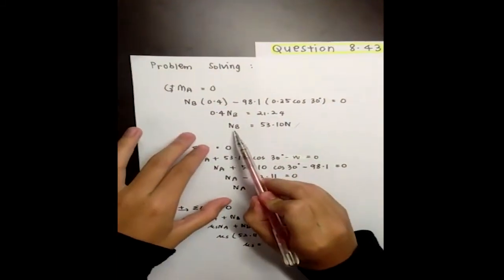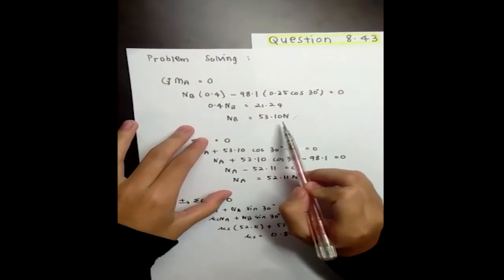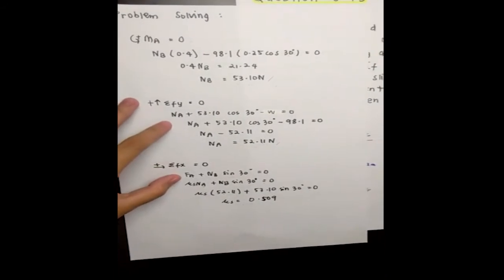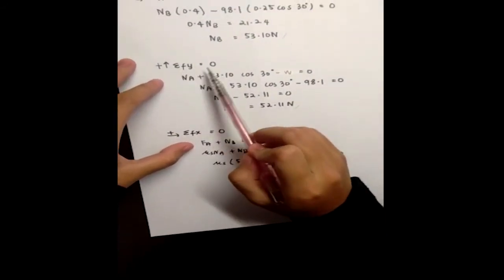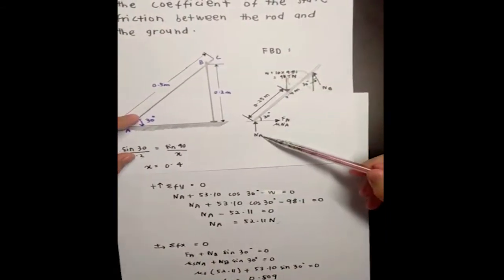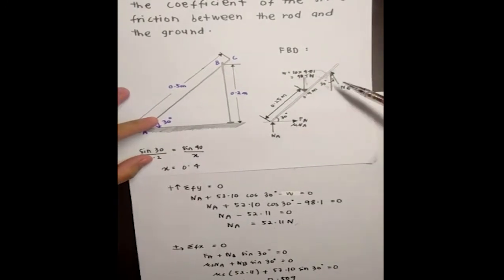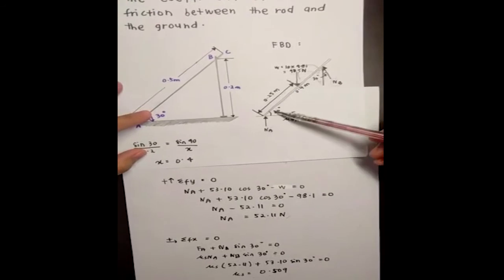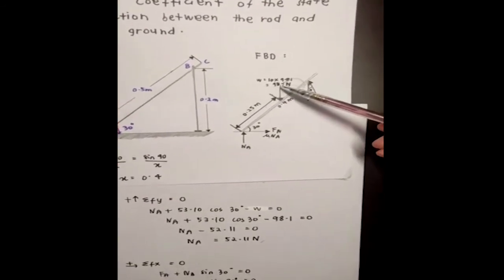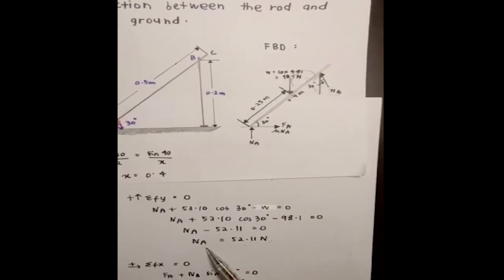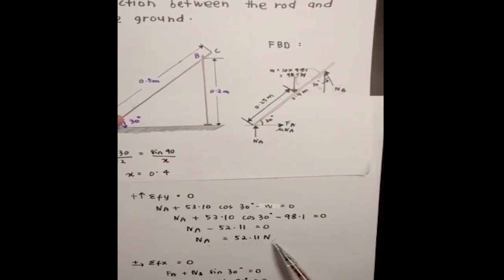So we get the external load at point B is 53.10 Newton. Let's proceed to the summation of Fy, equal to 0: external load at A plus external load at B cos 30 degrees, minus the weight 98.1 Newton, equal to 0. So we get the external load at point A is 52.11 Newton.